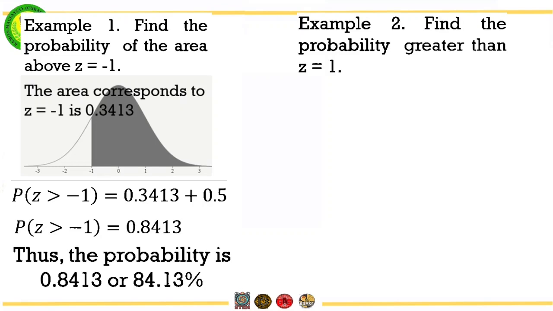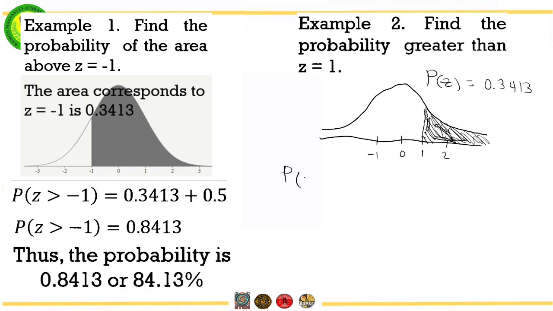So let's have number 2. Find the probability greater than z = 1. The area that corresponds to z = -1 and the area that corresponds to z = 1 are the same because they are symmetric with respect to 0. Let's illustrate. This is 1, this is -1, this is 2. We identify z = 1, the probability greater than 1, so we shade above, to the right. The area that corresponds to z = 1 is 0.3413.